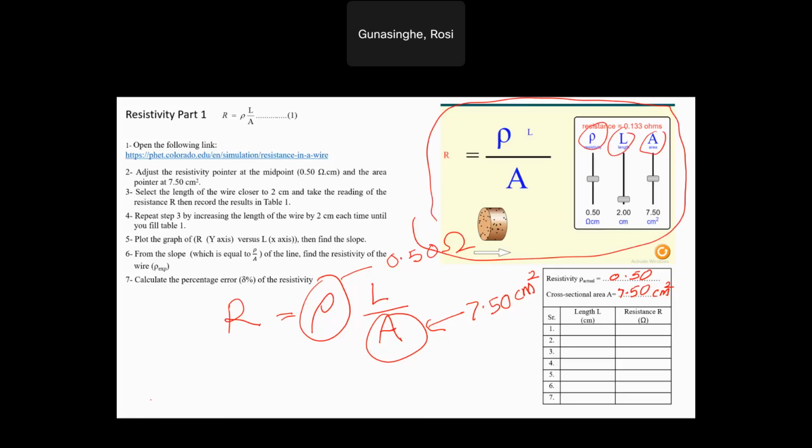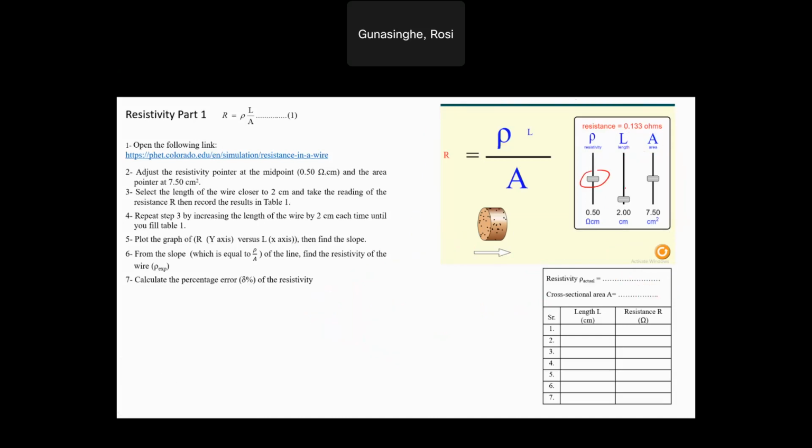By holding this button and dragging it up and down, you can change whatever number you want to change. So for ours, we had to fix rho, which is the resistivity, at 0.50. At the very beginning, when you open the simulation, it should be at the midpoint.